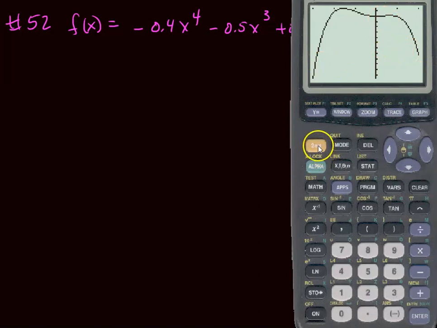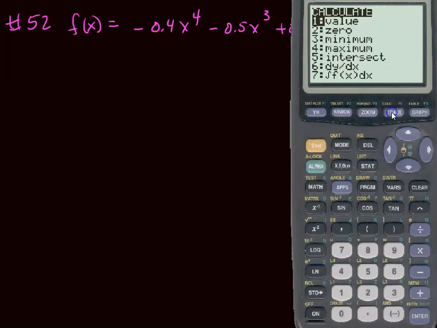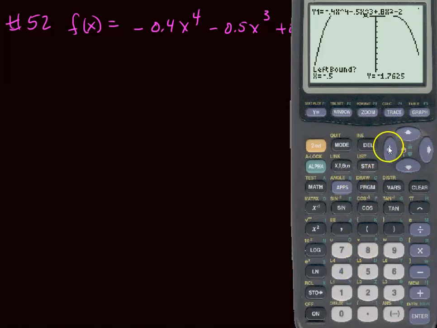So let's see here. Second trace, find a maximum, number 4. So we're going to go over here. This is a little bit covered up. To the left of that peak someplace, press enter. To the right of that peak someplace, a little hard to see, but press enter.